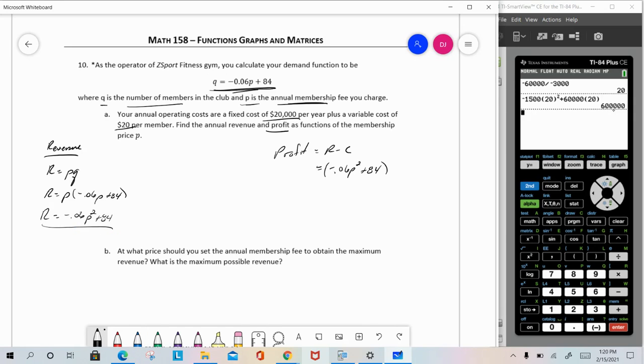I need to find cost. Okay, now cost, there's a fixed cost and there's a variable cost. The fixed cost is $20,000.